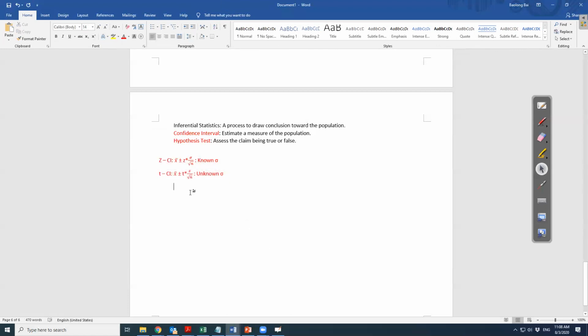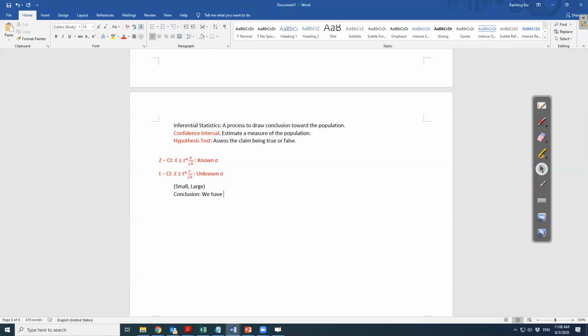And the work about them is very simple. Just identify each of the values. What is X bar? What is Z star? What is sigma? What is N? And calculate. You can have two numbers calculated, a small number with the subtraction sign and a large number with addition sign, right? Then you just draw a conclusion.